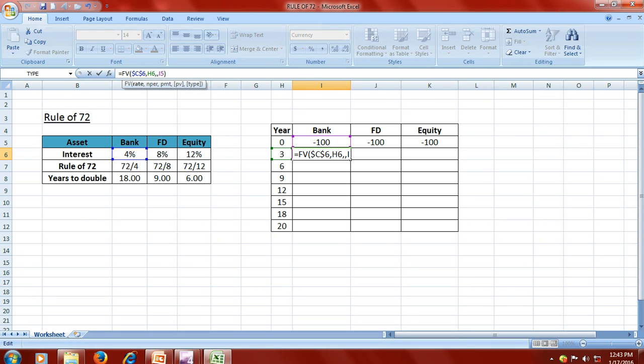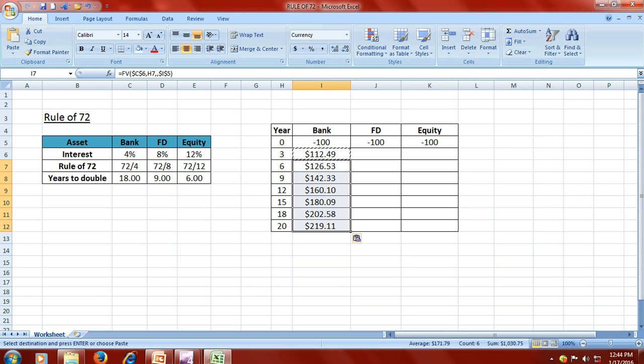Similarly for PV, keep the cursor over here and press F4, press enter. Now you have to click on the cell where the respective formula is recorded. All you need to do is just press Ctrl C and place the cell where you paste this particular formula to compute the respective outcome.